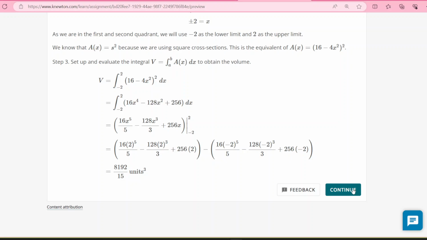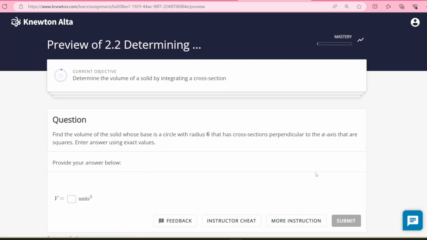So next question. All right, so we're in the same objective. So that's taking a thin slice out of the figure, finding the volume of that slice, and then integrating over some interval to find the total volume.